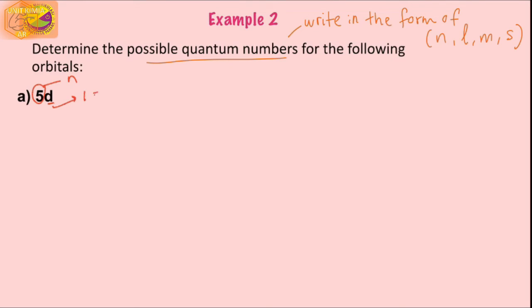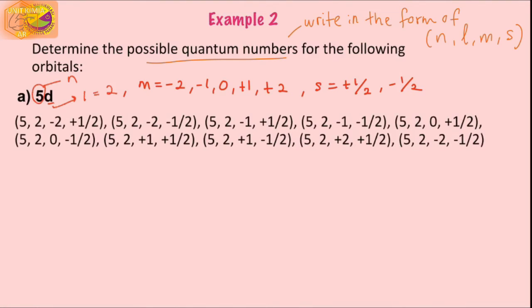Hence, the values of m are -2, -1, 0, +1 or +2, while the values of s are +half or -half. Thus, we will have 10 possible combinations of quantum numbers.